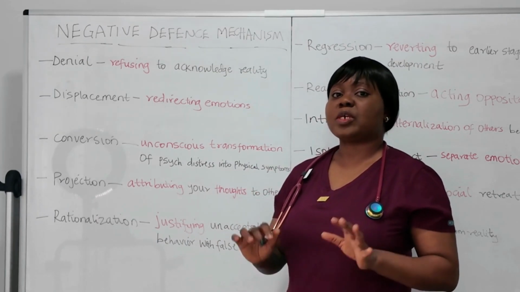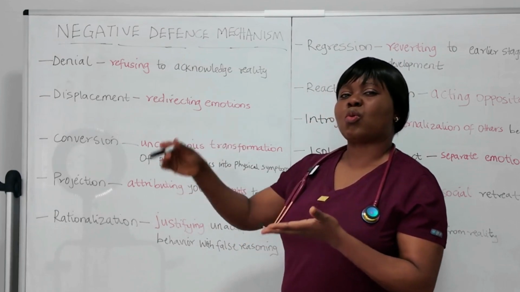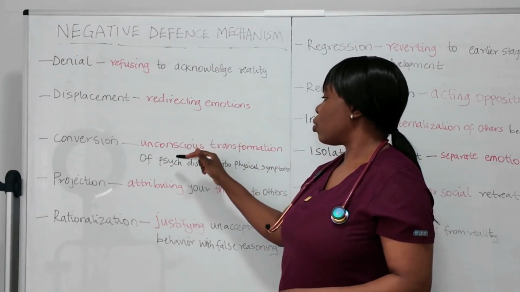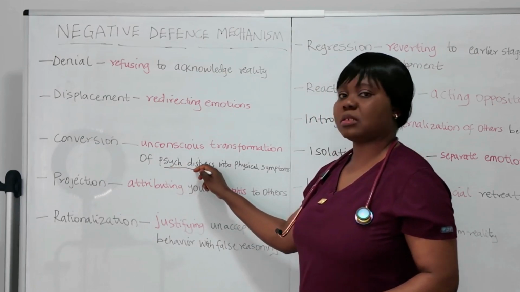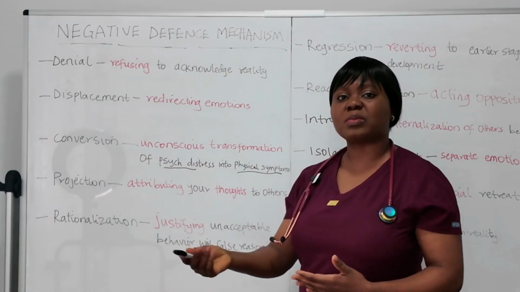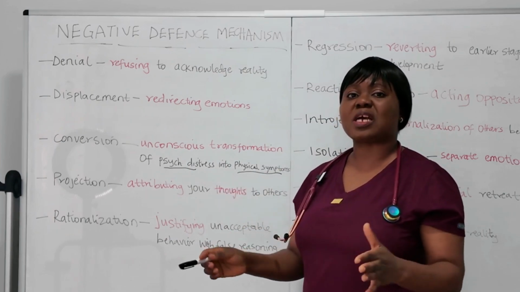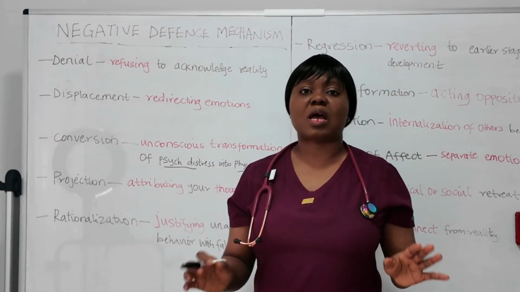The next one would be conversion. Conversion has to do with to convert, right? It means unconscious transformation of psychological distress into physical symptoms, without any physical cause. So it's an unconscious action.